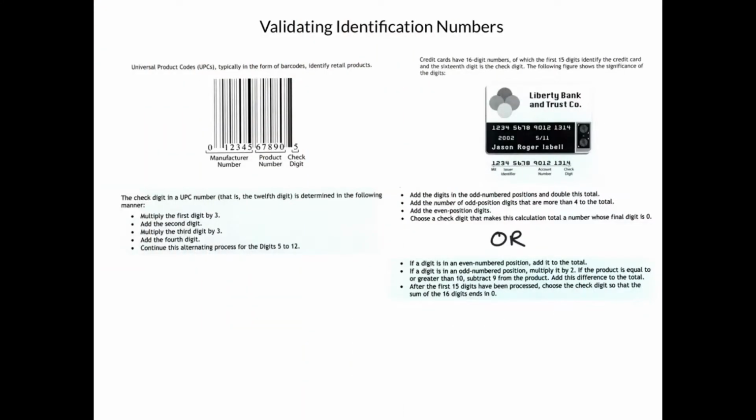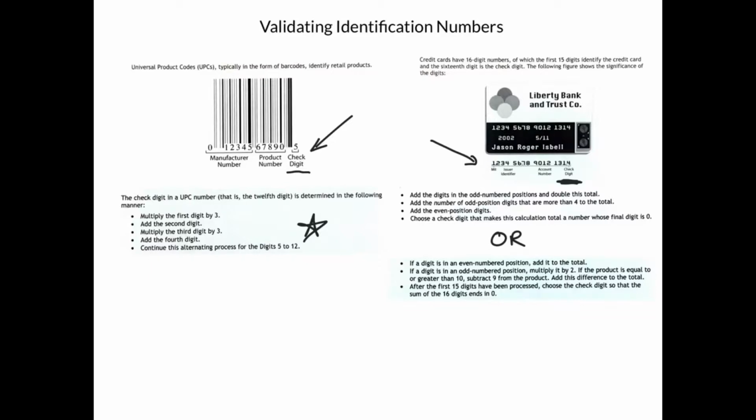When we're validating identification numbers, we're going to take either the UPC code or the credit card number, and check to make sure that this last digit, called the check digit, is correct by using an algorithm set aside by either the materials or options the materials give us.